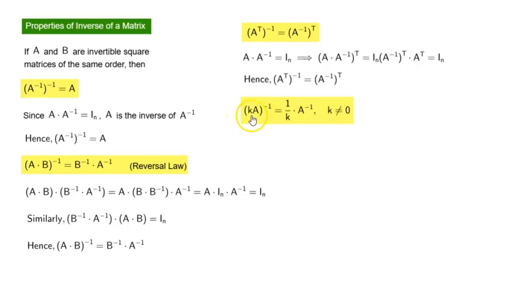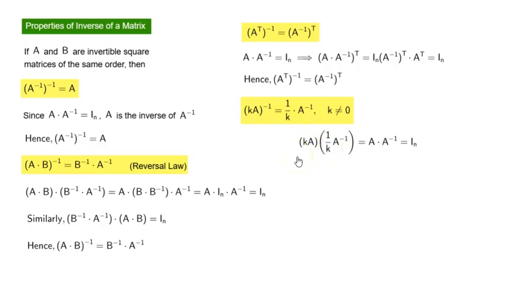Now, (K A) inverse is equal to 1 by K times A inverse, where K is not equal to 0. So what do we do? Let's take this to the other side by taking its inverse. The inverse of this inverse is K A. So K times A times 1 by K times A inverse.